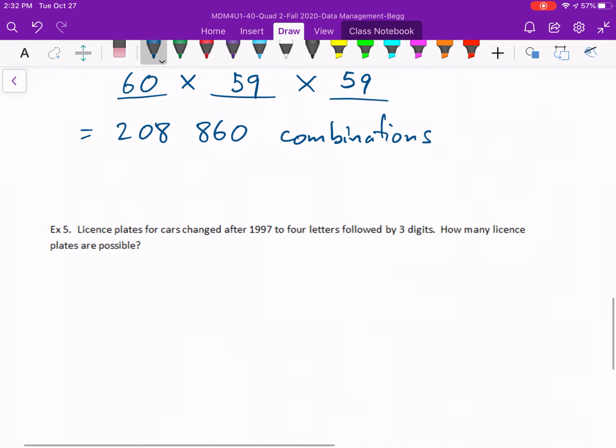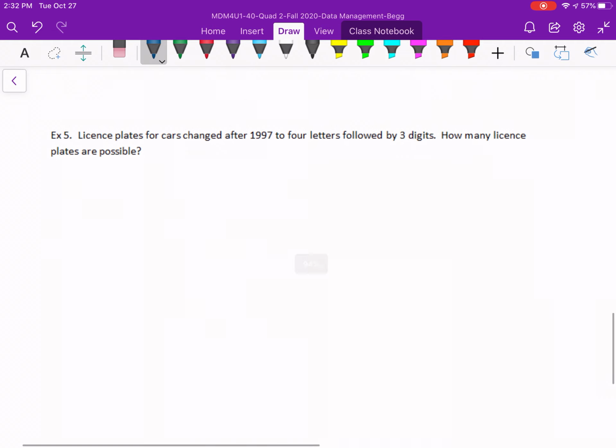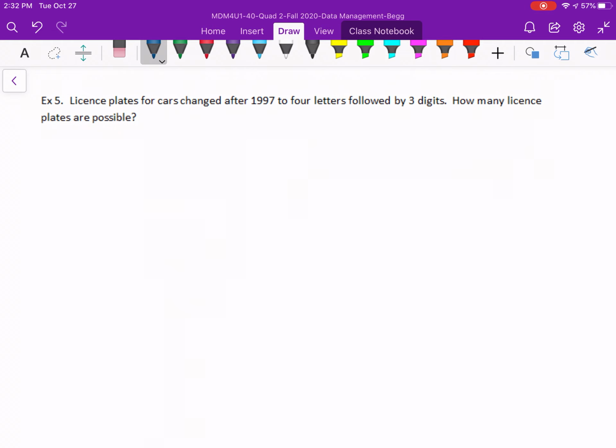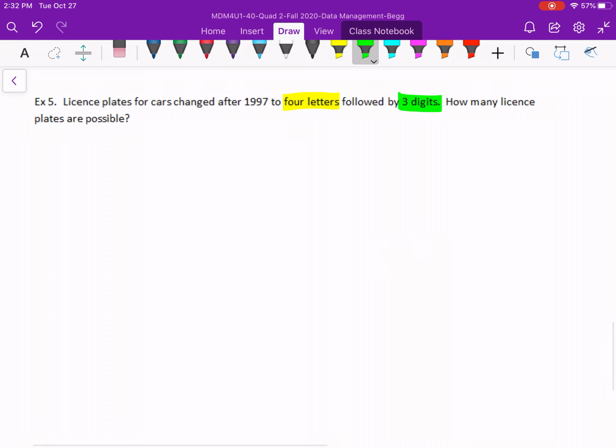Okay, this last one. License plates for cars changed after 1997 to 4 letters, followed by 3 digits. How many license plates are possible? So repetition is allowed. It doesn't say that it isn't. So therefore our situation is independent.